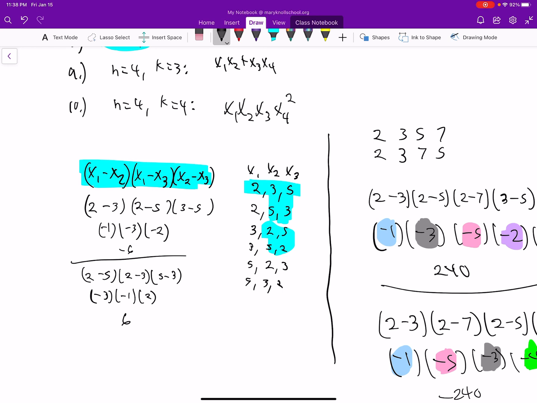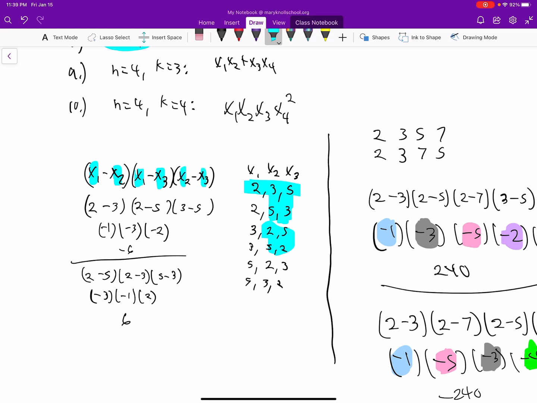And the reason why is because notice here we get x1 minus x2, then x1 minus x3. So we just subtracted everybody from x1. Then x2 minus x3.